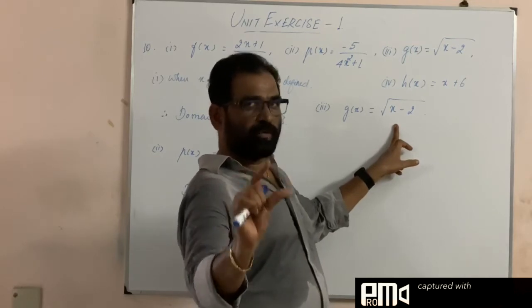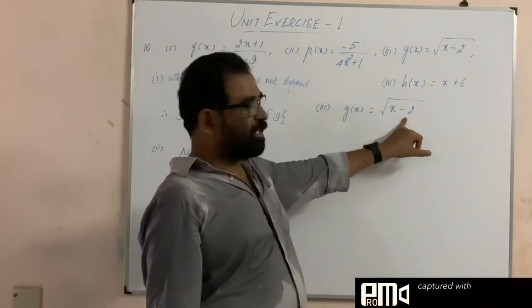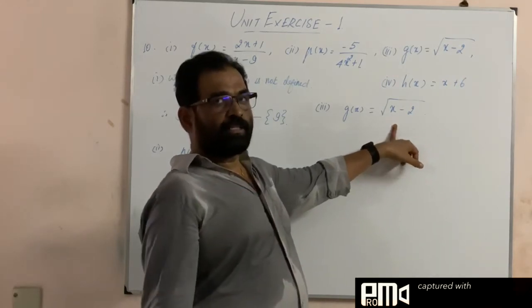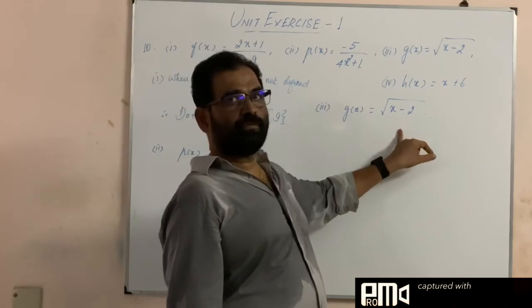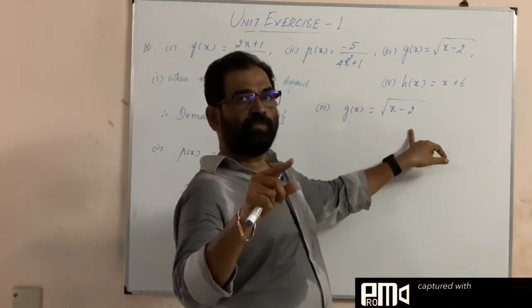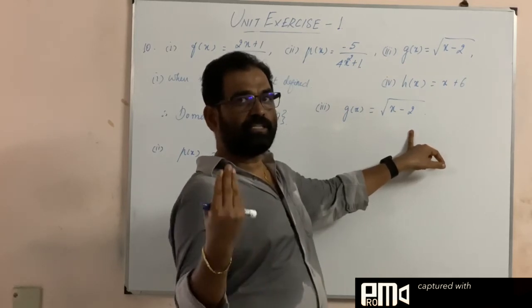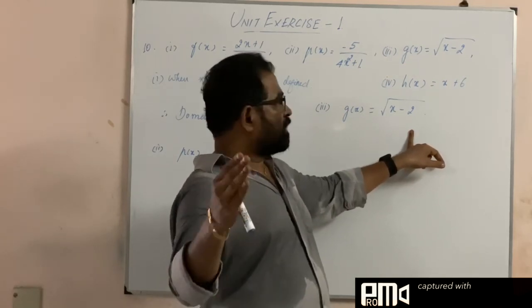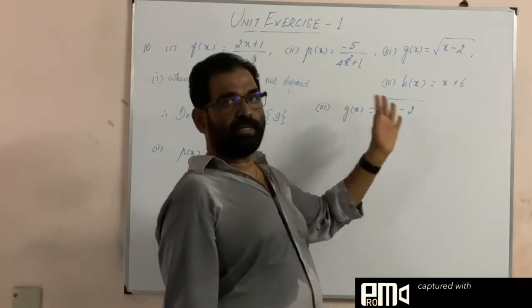We have a value, so x can be 2. Suppose x is less than 2, say 1. 1 − 2 is −1. Square root of −1? It is imaginary. There is no such real number. So less than 2 does not exist.